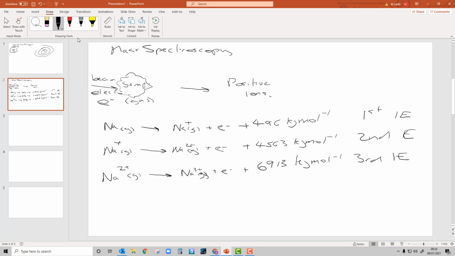That's how we must think of this. And also notice something else, they're all pluses. So it's taken plus 496 kilojoules per mole to remove the first electron, plus 4,563 kilojoules per mole, and so on, plus, plus, plus, plus.